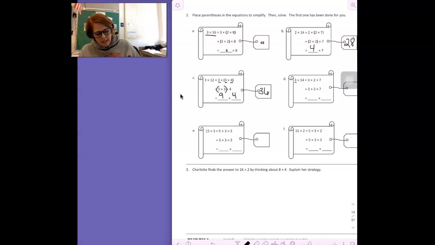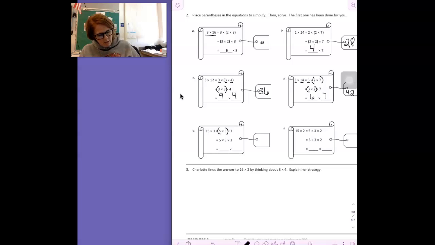They've done 3 times 14, so now we're going to do 3 times, we broke down the 14 into 2 times 7. We're going to regroup the 3 times 2 together, so that's 6 times 7, which is 42. Let's look at letter E, 15 times 3. They've broken 15 out to be 5 times 3 times 3.